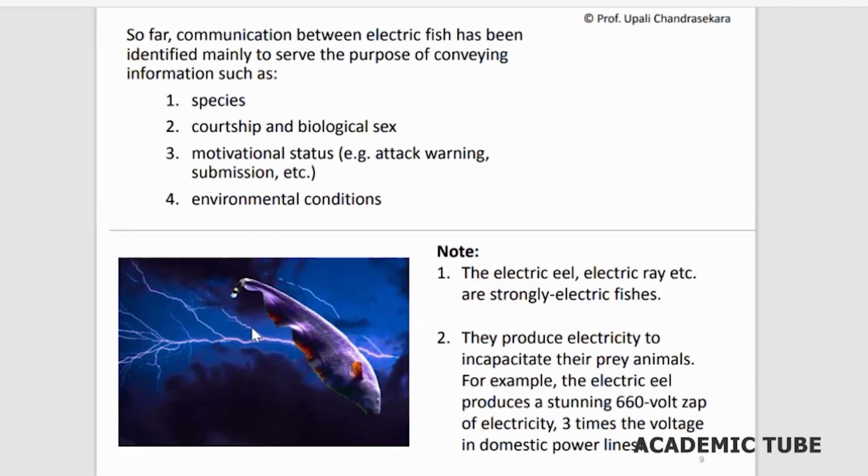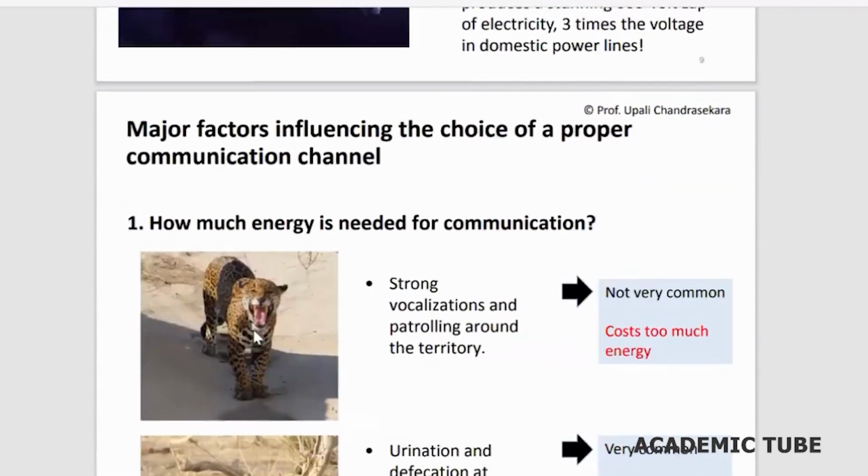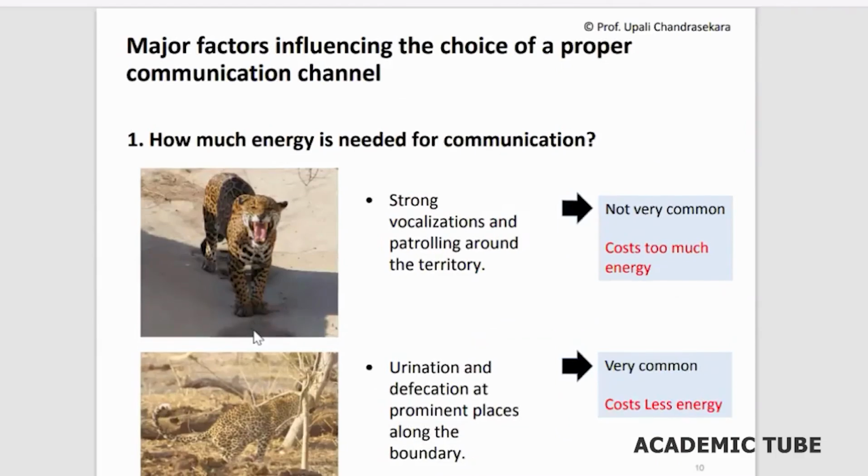Now these are actually behaviors. Okay. Now with this, we are going to learn about the factors that should be considered when finding a proper communication channel. Now listen to this part very attentively.